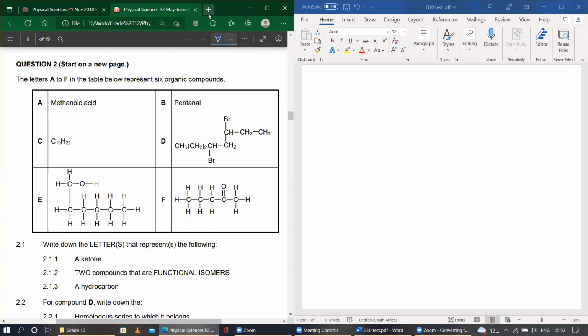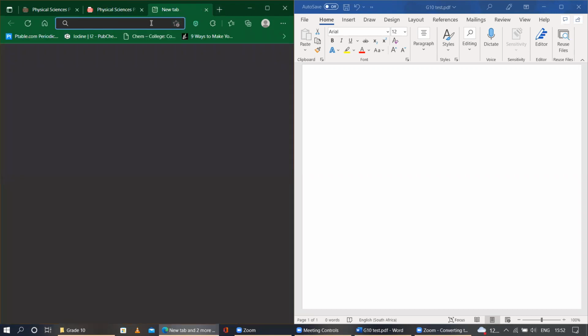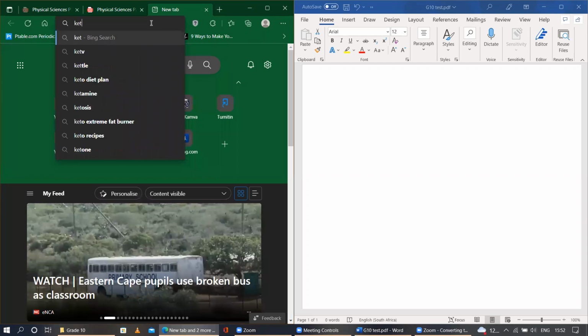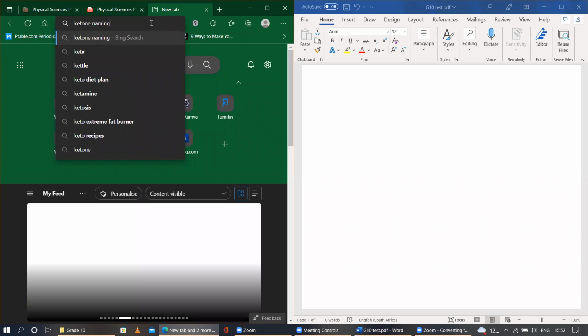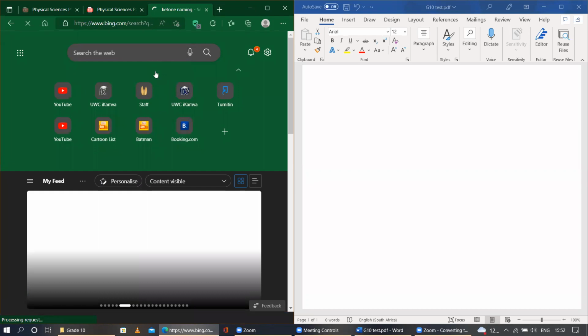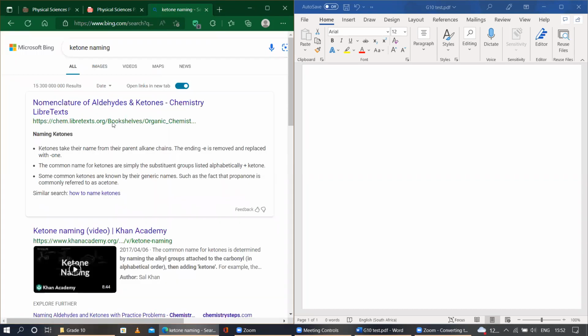I think for the ketone name, the ending E is removed and replaced with one.